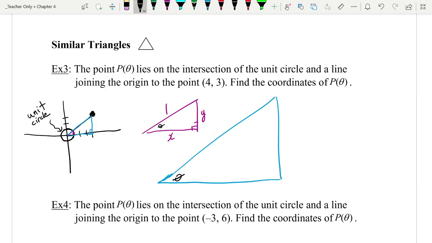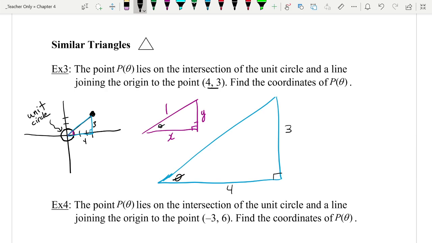But this one, I know that this height here is 3, and this base here is 4, right? Because it's the point 4, 3. So 4 over that way, 3 over that way. Everybody get where we're going with this?